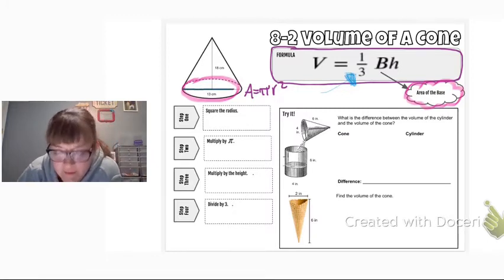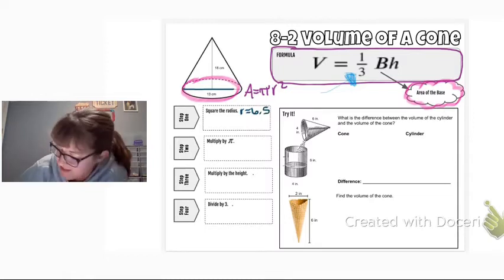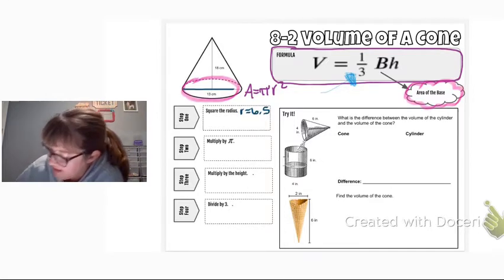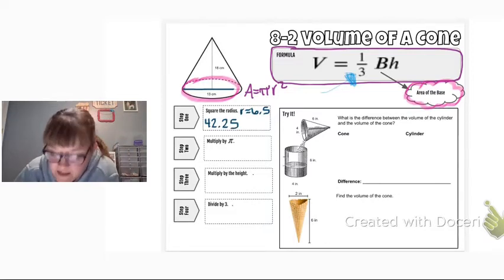So the radius would be half of that, which is 6.5. If I square that, 6.5 times itself, I get 42.25. So I squared the radius.